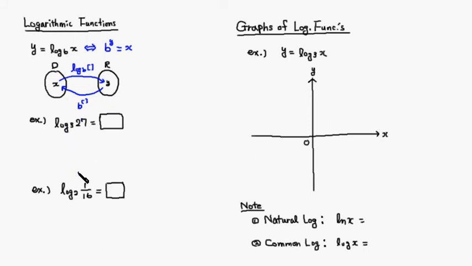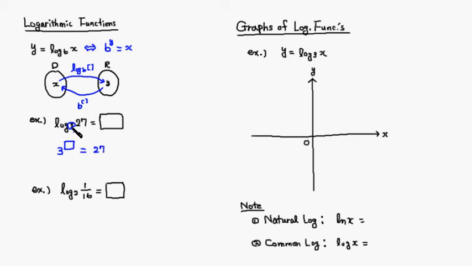So let's look at an example, to see if we can apply this definition. Log is a little too difficult. Why don't we think in terms of the exponential function? So base is 3 right here, so it's going to be 3 to the open box equal to 27.